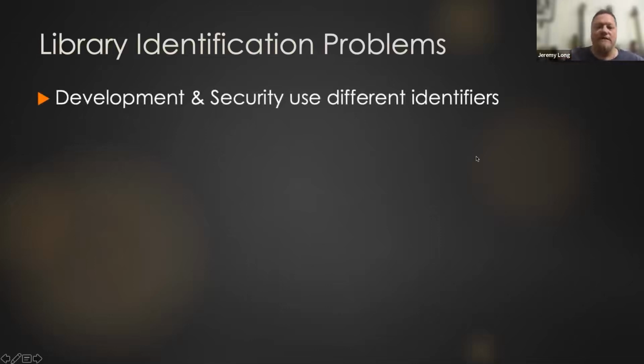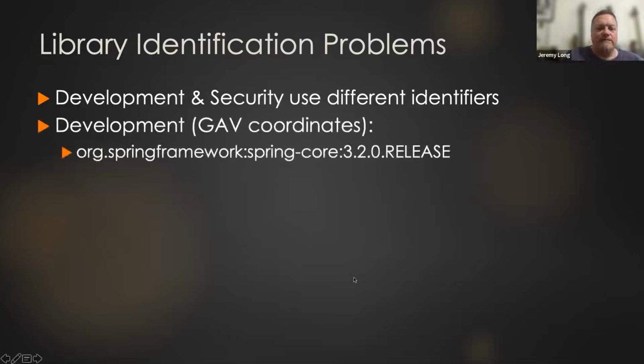As I said, in security, we're using the CPE, the common platform enumeration, whereas in development, we tend to use the coordinates. For Java, we use the group artifact version coordinates. Depending on your ecosystem, what's included in the coordinates is a little different, but for Java development, we use the GAV.